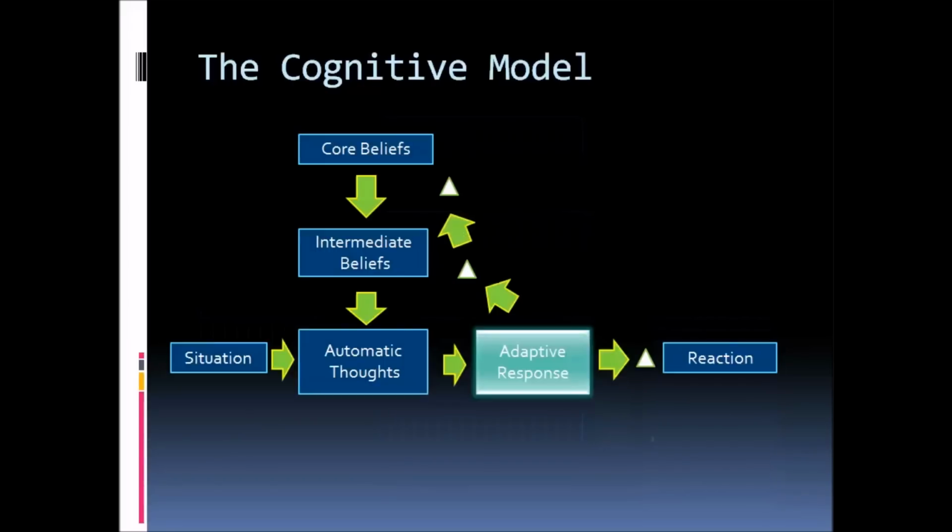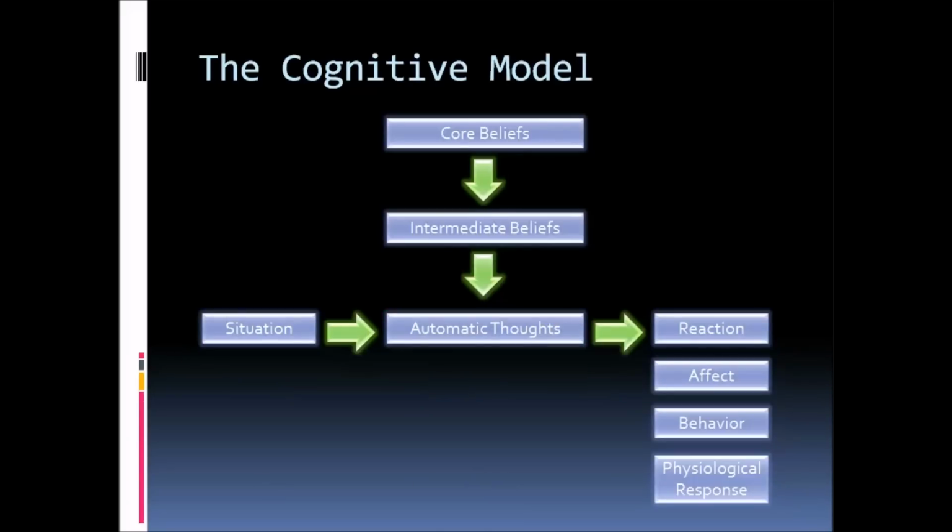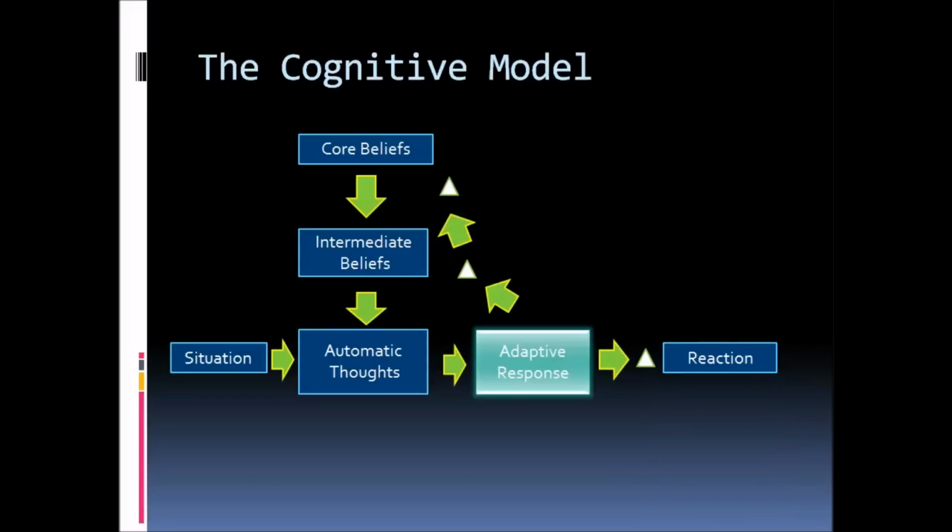So let's take a look at the cognitive model now, simplified a little bit, but with the adaptive response plugged into the equation. When we looked up here at just the cognitive model, it just explains why symptoms occur. But this model shows the cognitive model interrupted by the adaptive response.